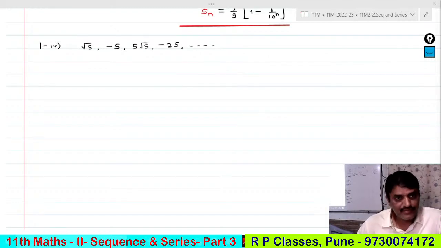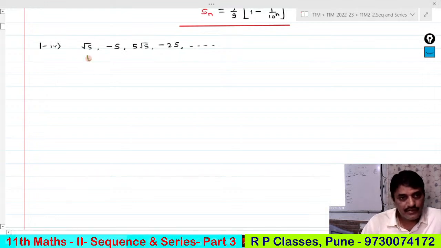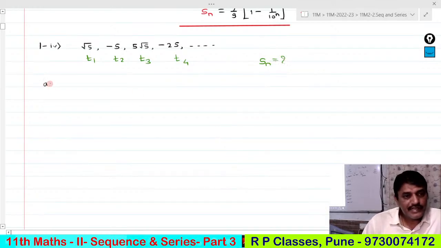The next question. Here we see T1, T2, T3 and T4. I have to find out Sn. Is this okay? So A is equal to root 5. What is the common ratio? T2 upon T1. T2 is minus 1 upon root 5.